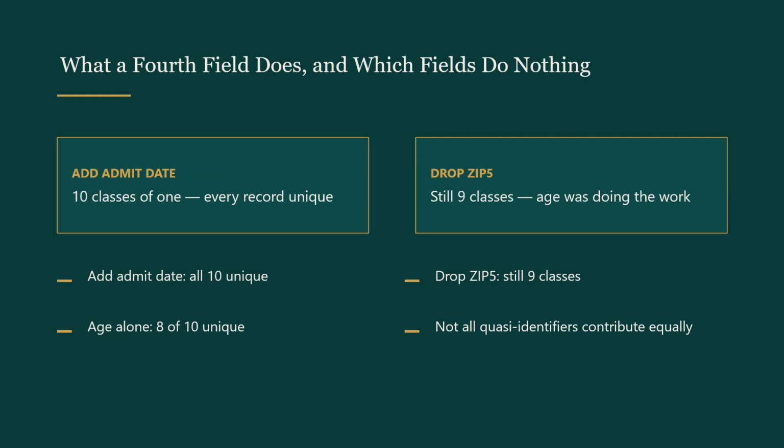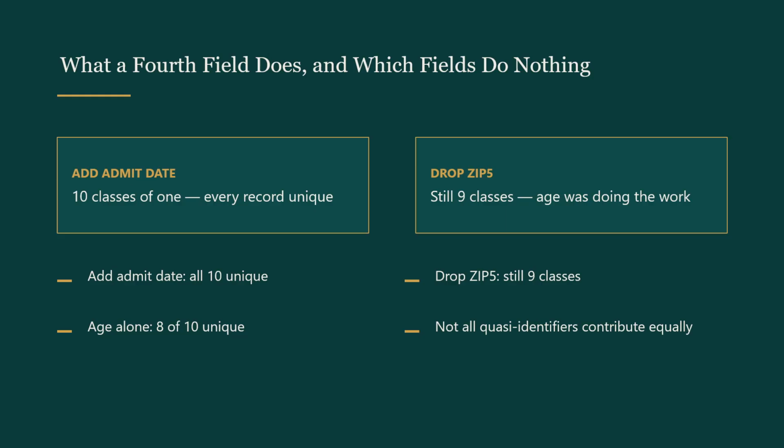2 experiments on the same table, and both of them change how you will read a schema forever. Experiment 1. Add a field. Take the 3 quasi-identifier set and add admit date. Every one of Springfield's 10 admit dates is distinct, so the one class of size 2 splits, and the table resolves into 10 classes of exactly 1.